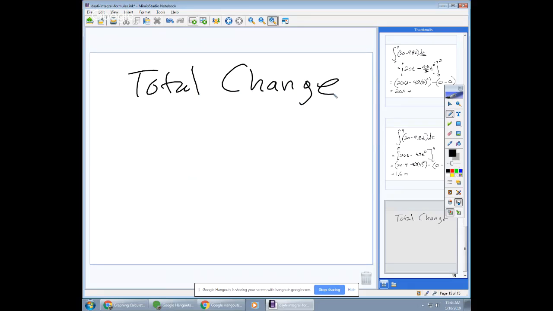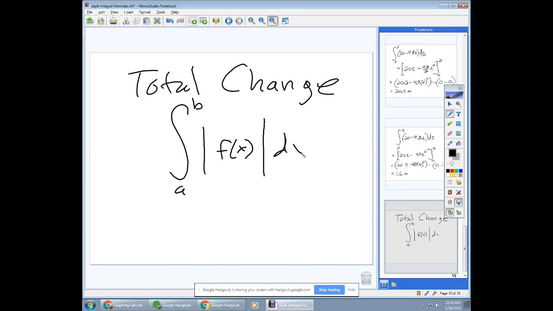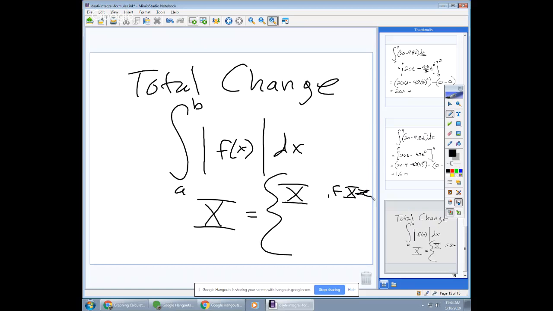Total change is you're integrating from wherever to wherever. To get rid of any cancellations, you basically have to take the absolute value of the function. Okay, that's a bit of a problem because the definition of absolute value of some object is that object if it happens to be greater than or equal to 0, but it's the opposite of that object if it happens to be less than 0.